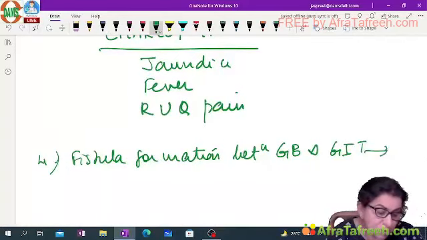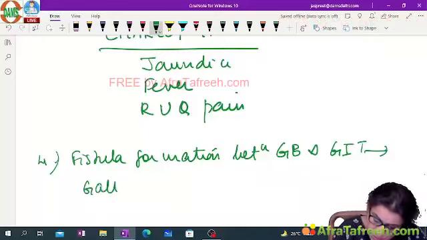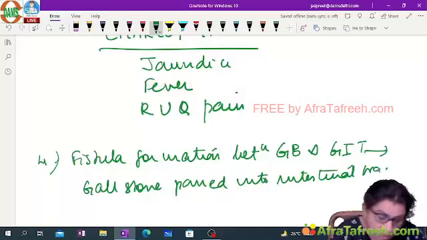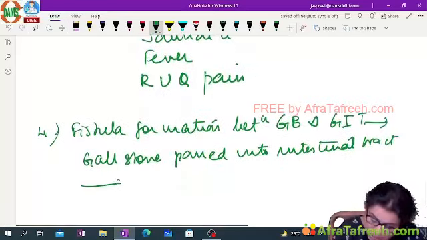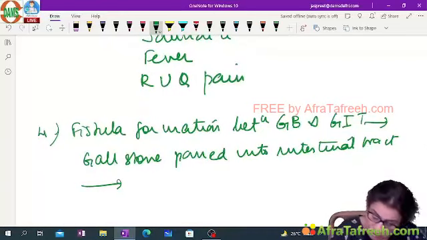As a result, the gallstone may be passed into the intestinal tract, and this gallstone can now cause obstruction of the ileocecal valve.